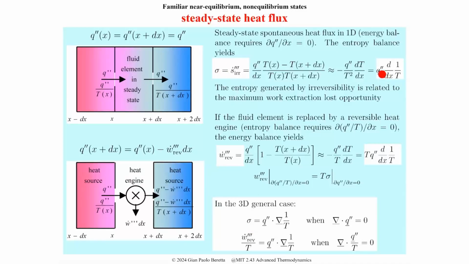This expression for the entropy production rate per unit volume is just the x component of the heat flux times the x component of the gradient of 1 over T. It becomes the dot product, the scalar product, of the heat flux with the gradient of 1 over T, which is a vector.